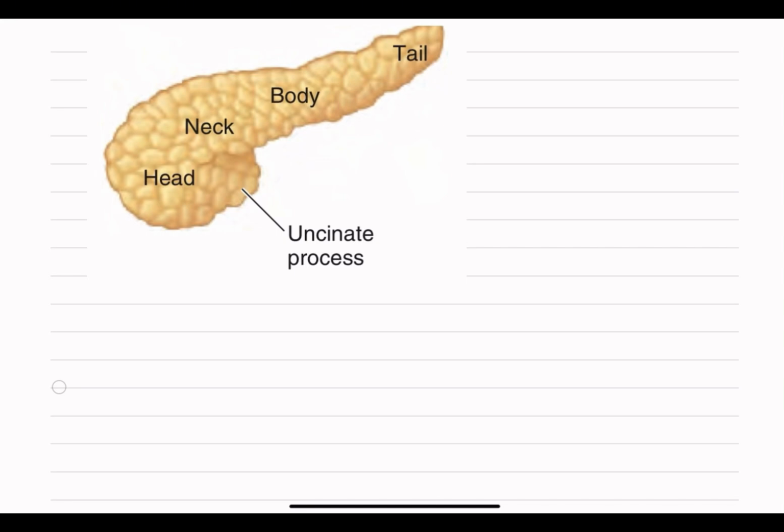So first, we have to know about the head of pancreas. Sometimes in questions they ask, what is the expanded part of the pancreas. So the expanded part of pancreas is head. It's embedded by the C-shaped curve of the duodenum.